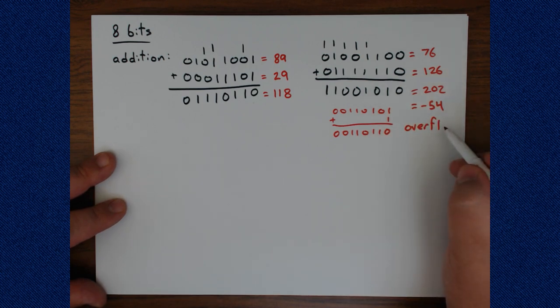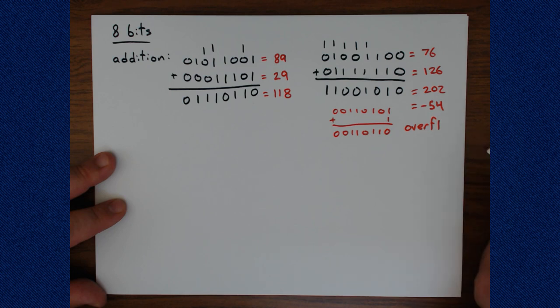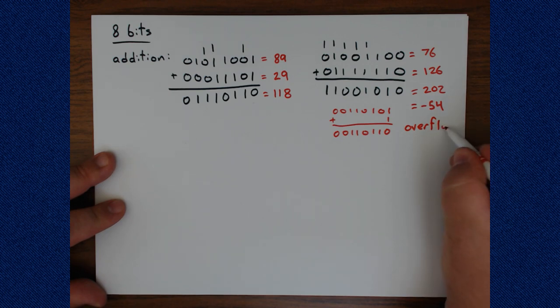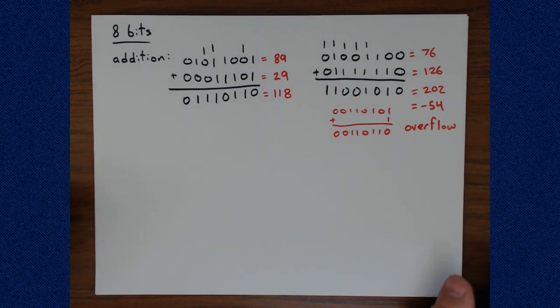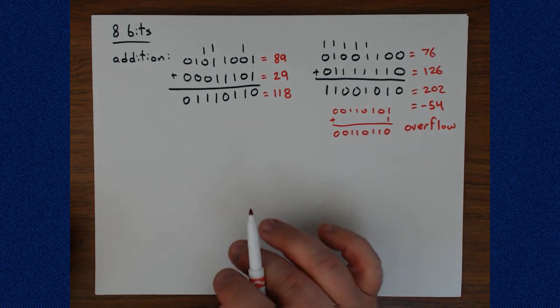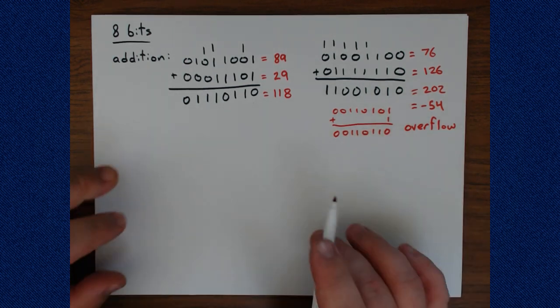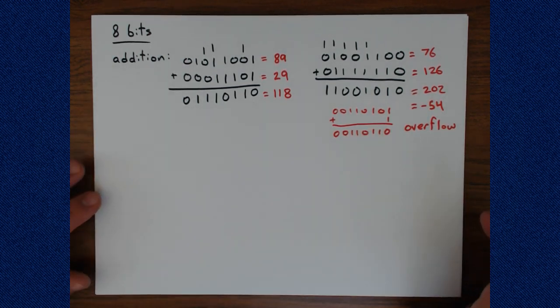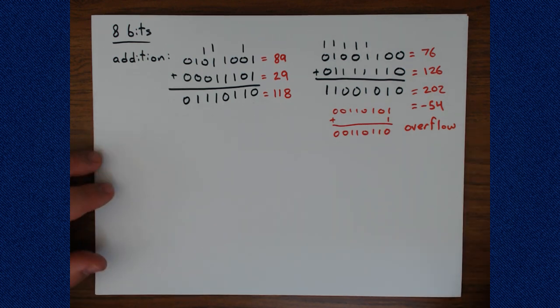And the same thing could happen if we subtract too far and we go from a very low negative number suddenly to a positive number. That's also overflow, although very often people will call that underflow. But it's the same effective phenomenon. We have toroidally wrapped around our representational space.